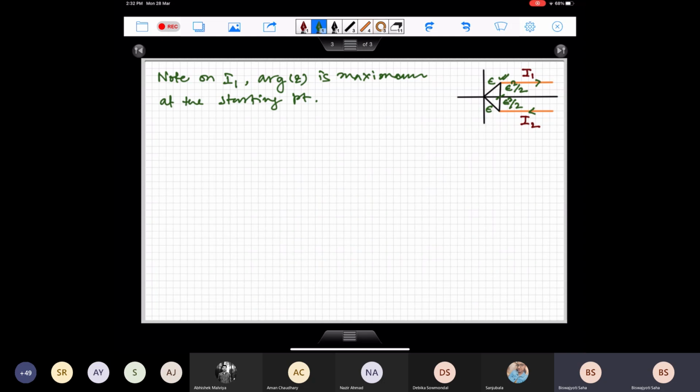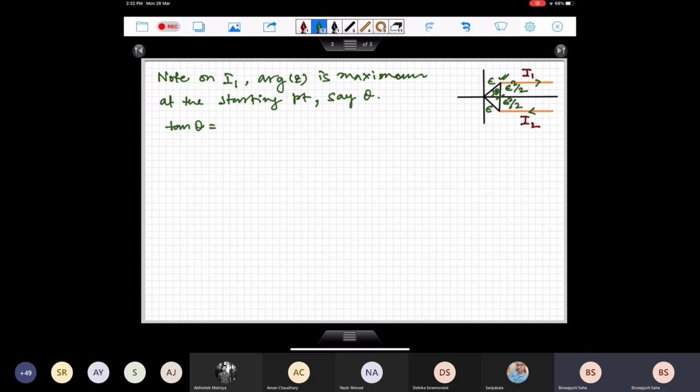Now if this angle is theta, as I wrote already, this is the maximum theta. Now what is this theta? We get tan theta equal to, what did I take? My length of the base is epsilon, and the perpendicular is epsilon squared by 2.